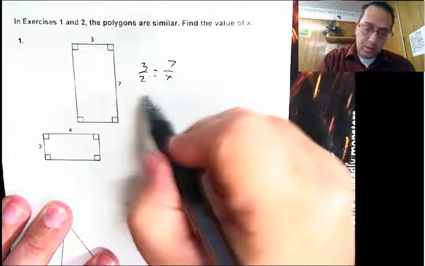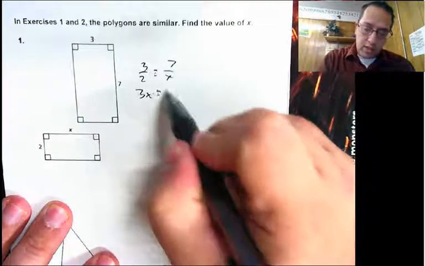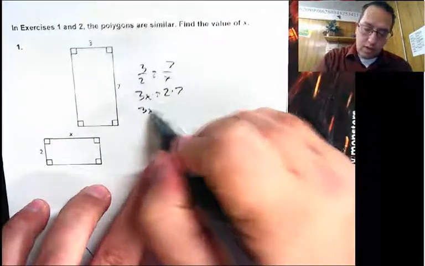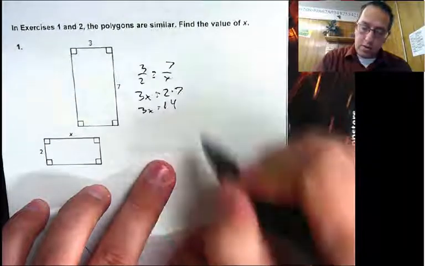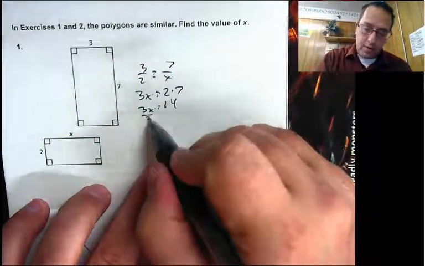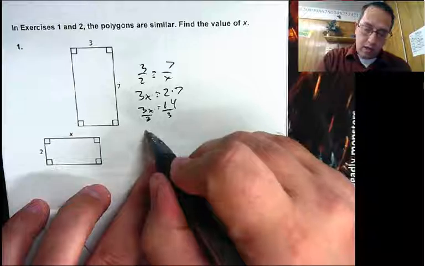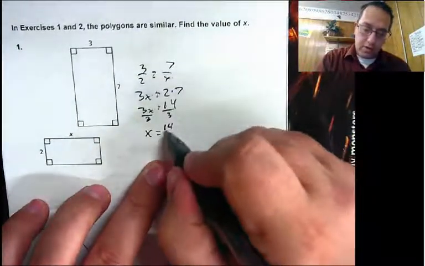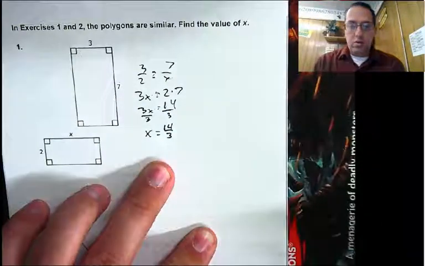We have cross products. So 3x equals 2 times 7, right? So 3x equals 14. Divide both sides by 3. And we have x equals, well, that doesn't divide neatly, so we just leave it as a fraction because fractions are your friend. 14 thirds.